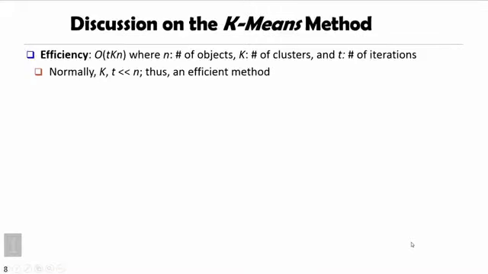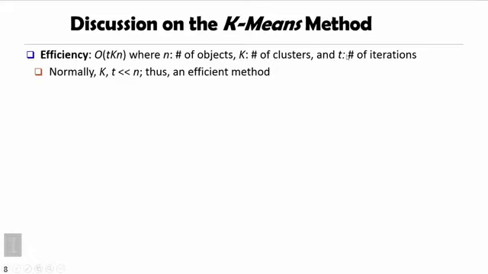The first important thing we should know is that this is a pretty efficient clustering algorithm. Suppose we have n objects, we want to find k clusters, and it becomes stable after t iterations. The computational complexity is that every time, each object needs to be assigned to one of the k centroids, so that's n times k.